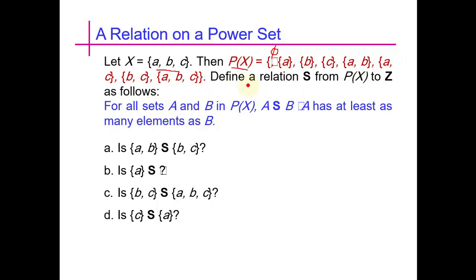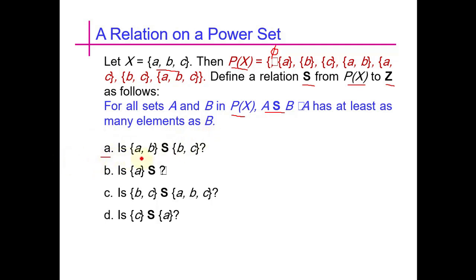Now we define a relation S from P(X) to the set of integers as follows. For all sets A and B in P(X), A is related to B if and only if A has at least as many elements as B.